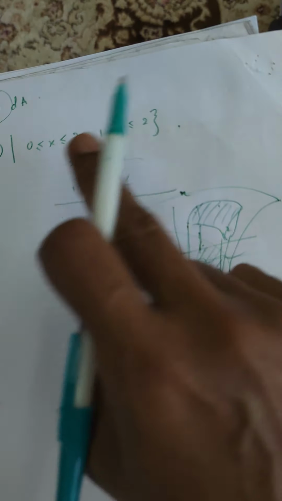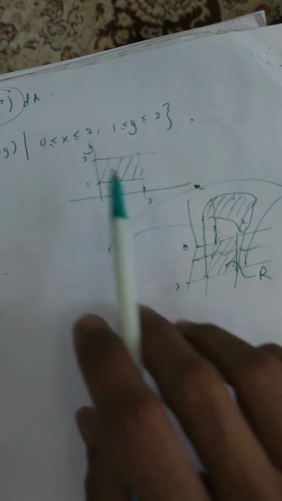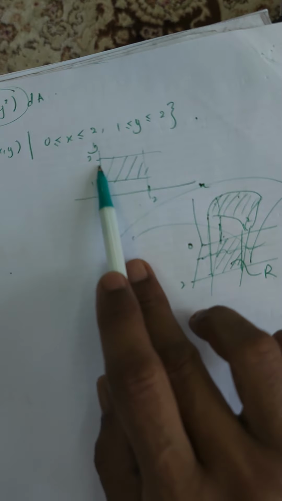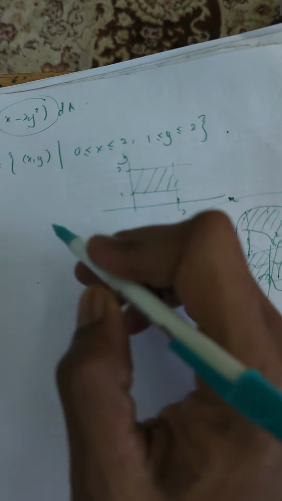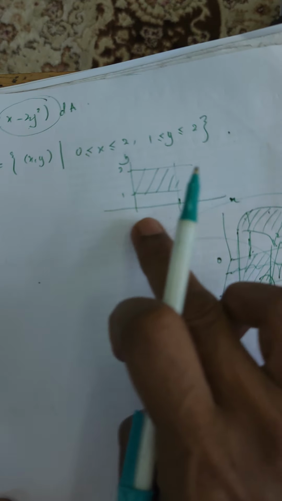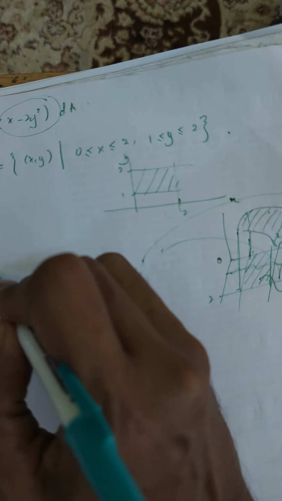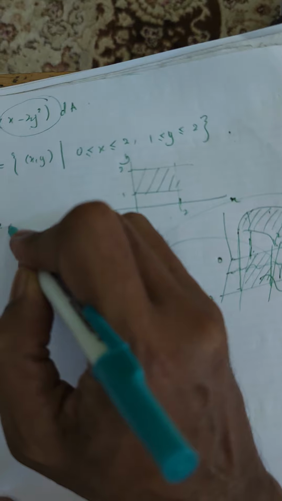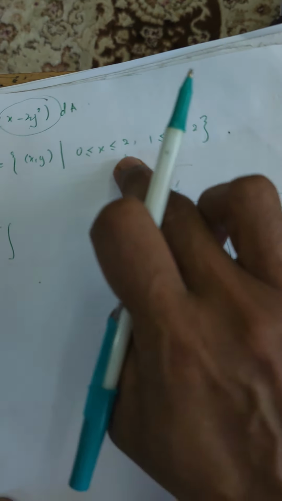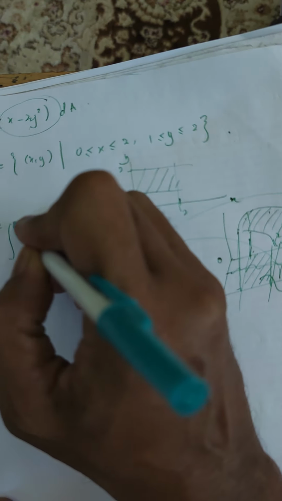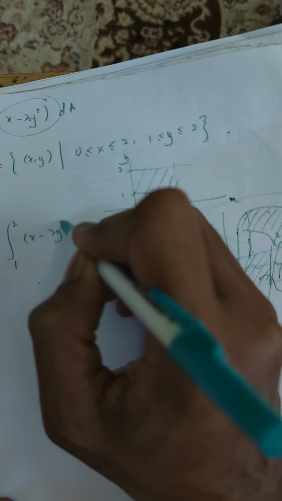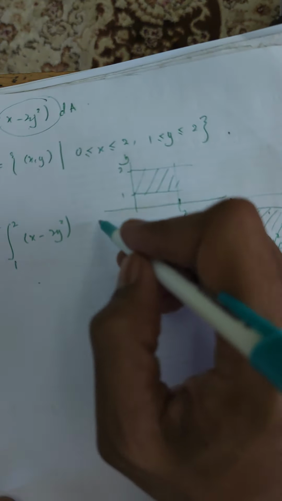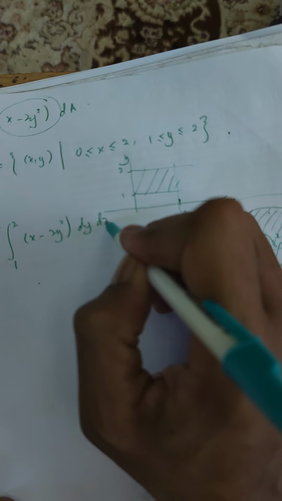So to evaluate this integral, we identify the limits of integration. We integrate x from 0 to 2, then y from 1 to 2. Our function is x minus 2y squared, dA now dy dx.